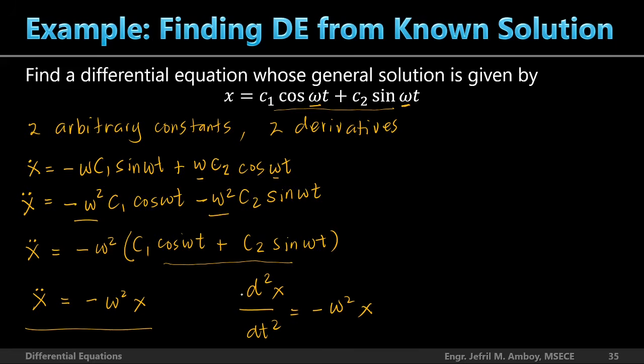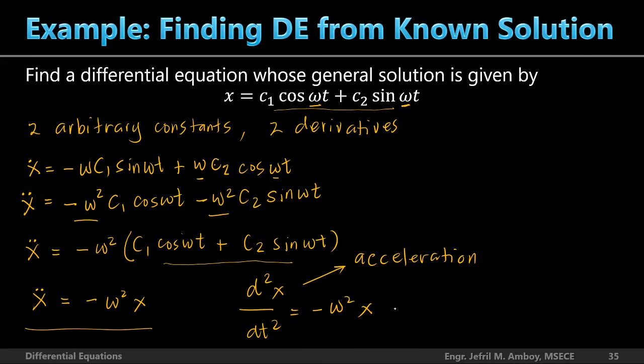In one of our previous topics, I mentioned that if x represents the position, the second derivative of the position with respect to t represents the acceleration. And this is the acceleration of a body in simple harmonic motion.